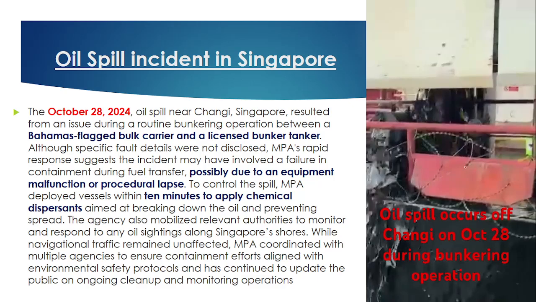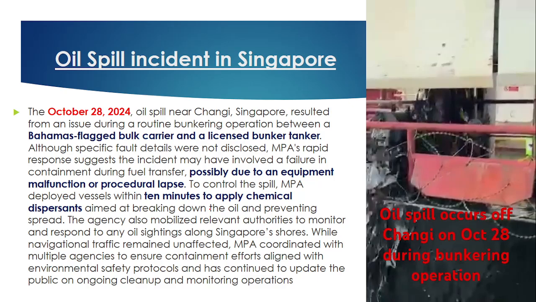The incident which took place in Singapore basically involved a Bahamas flag bulk carrier and a licensed bunker tanker. It means the incident took place between these two ships, and it happened because of a possible malfunction and procedural lapse. And the Singapore authority is a very effective authority, with a lot of ships taking bunker, and they have emergency response readiness.